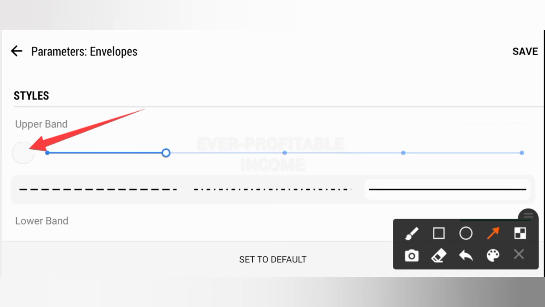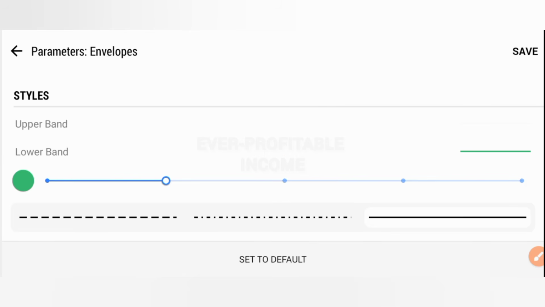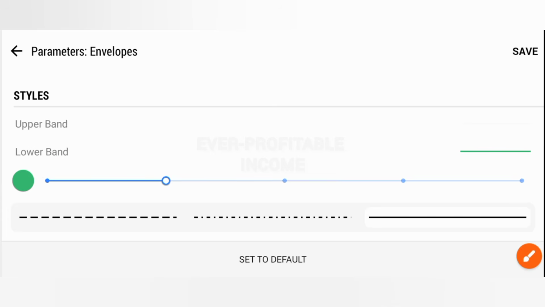You click on it and change it to your background color. If you are using a black background, change it to black. But I'm using a white background, so I made it white. For the lower band, you click on it and change it to the color of your choice. I chose green, which is why you can see green on our chart. After that, you click on save.